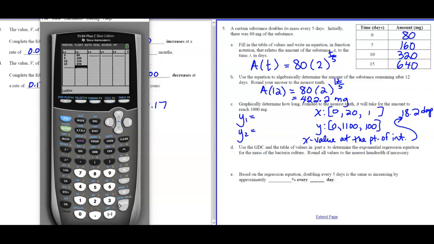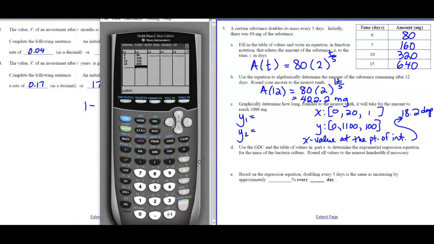Then I go to y equals, I'm going to actually delete those two, even though I'm going to enter it again. I could have actually turned it off just to compare it. So I'm going to get rid of any other graphs that are in there, but I'm going to turn on my plot.